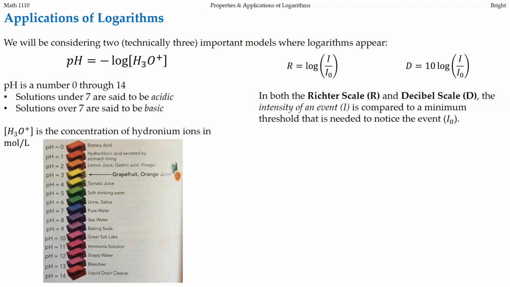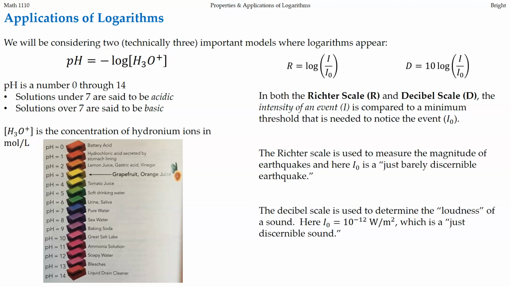And the decibel scale, the D is for decibels for sound, and I naught in the decibel context is kind of like the minimum threshold of hearing that you need. And they do have a calculation for that. So just a little bit about the three contexts.